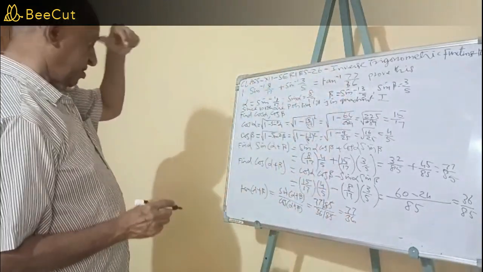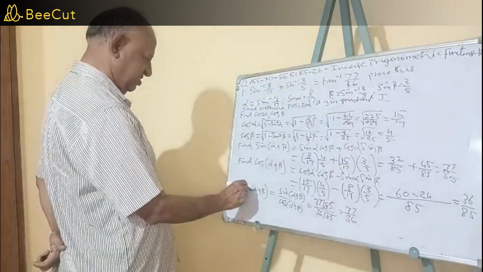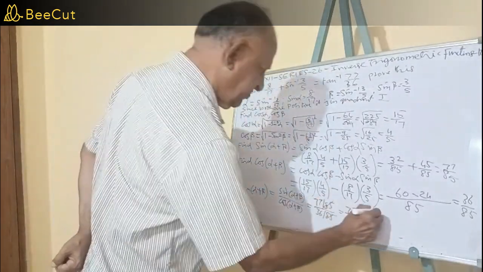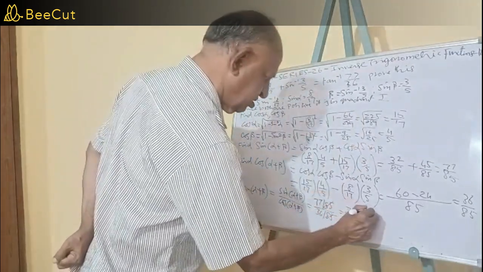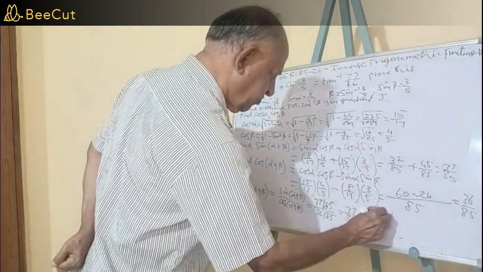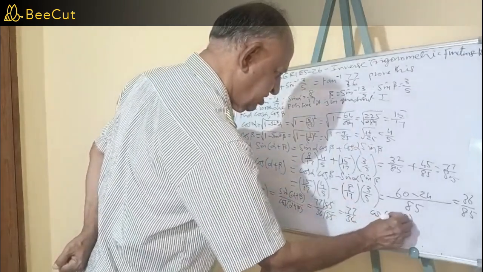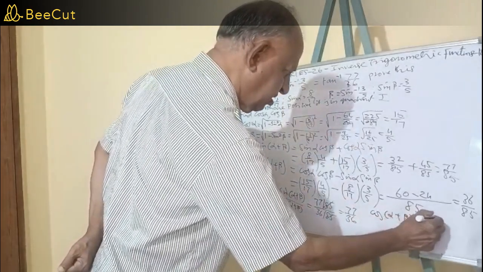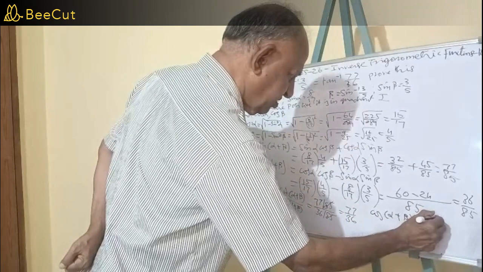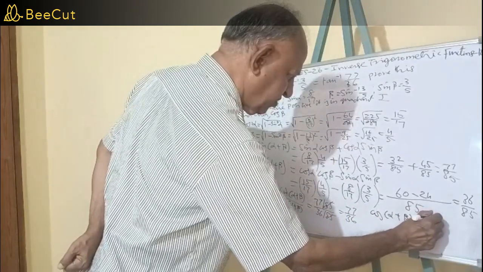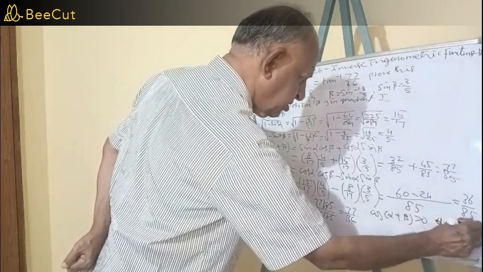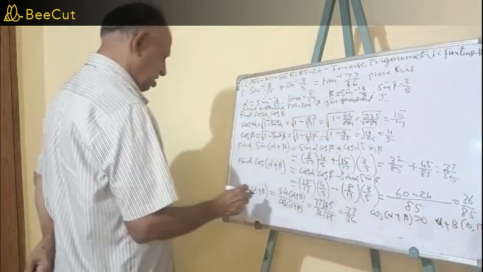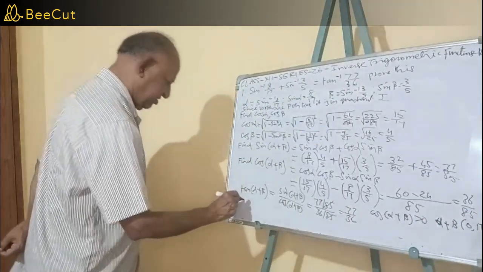Okay. Now we have to find whether this is in the range. Since cos of alpha plus beta is greater than 0, alpha plus beta is in the range 0 to pi by 2. Then we can take tan inverse.